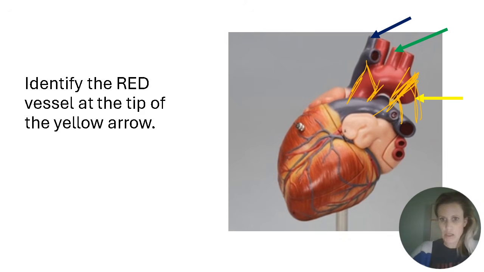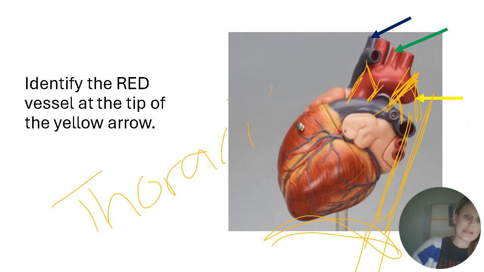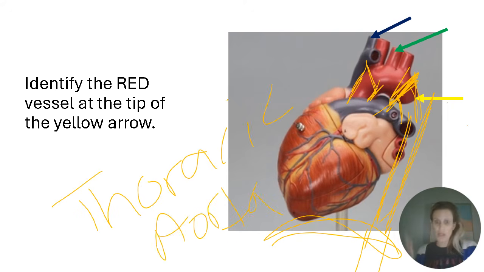So this part right here is the part that goes behind the heart, up in the chest. And then remember, it goes back behind the diaphragm and into the abdomen. This part here, where the yellow arrow is pointing, is the thoracic aorta, the part of the aorta in the thoracic cavity. So this would be thoracic aorta.